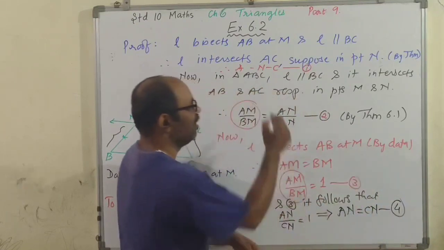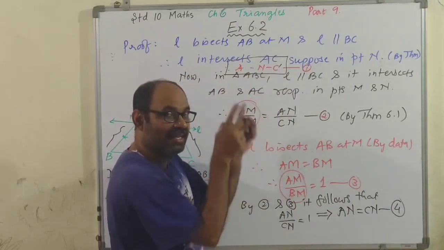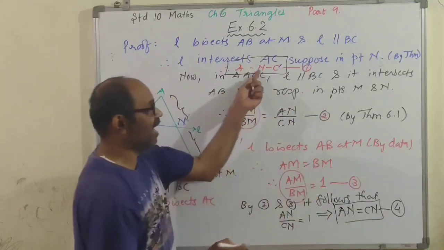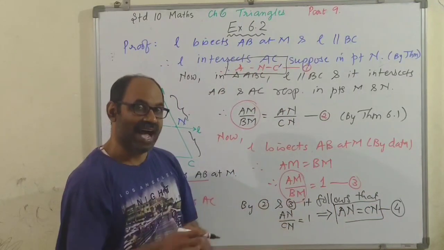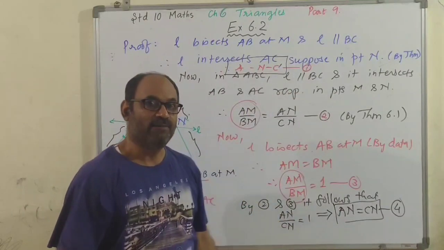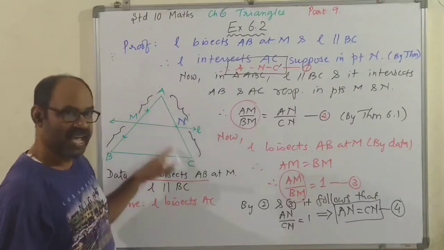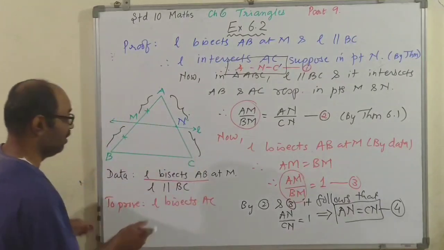Result 4. Result 1 says A-N-C, N is a point on AC, and result 4 says that N is equidistant from A and C, AN equal to CN. So now you can say by 1 and 4, it follows that N is midpoint of AC. Therefore, L bisects AC. I'll write here.